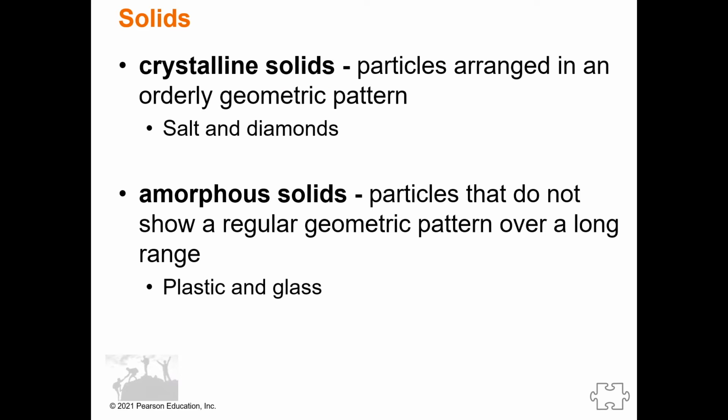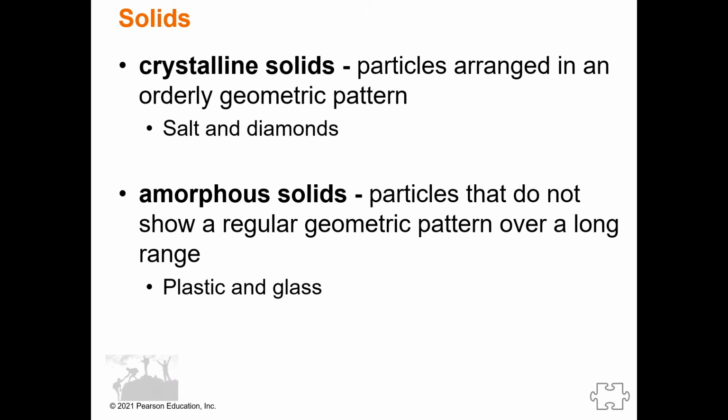Here's a little introduction on the different types of solids. We have crystalline and amorphous. Crystalline you've seen before when we were taking a look at ionic compounds and salts, specifically the crystal lattice. So when you see crystalline solid, you know that there is a geometric pattern that can be seen throughout that solid.